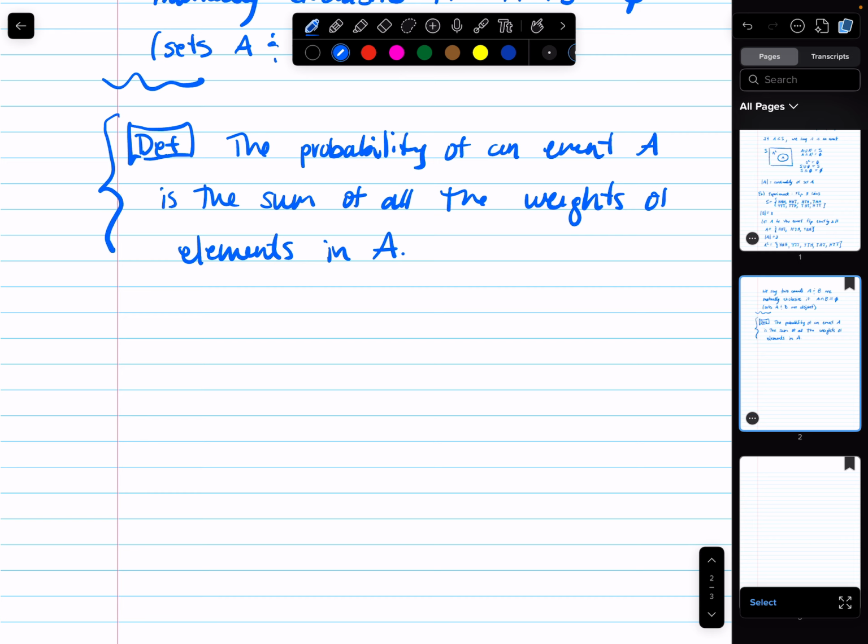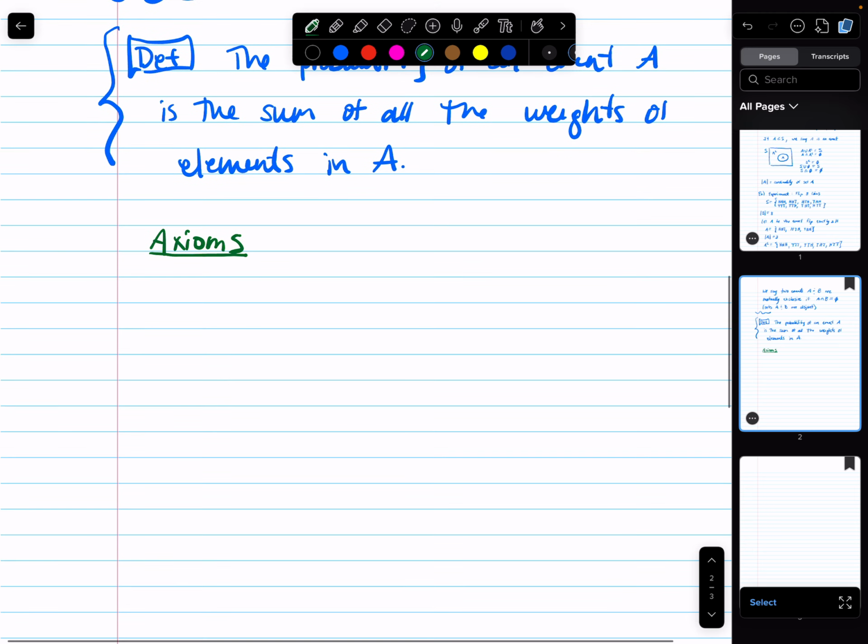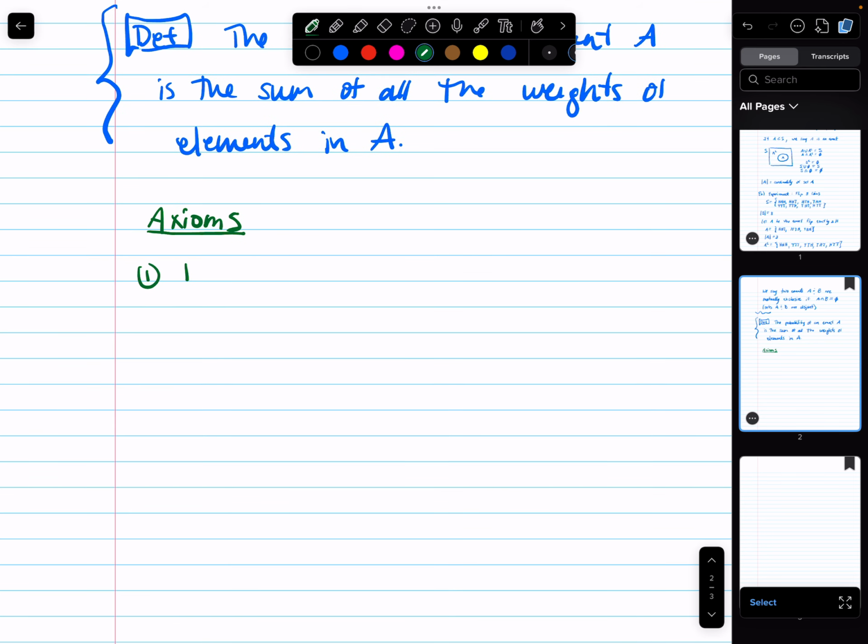We also need, so that we can go on our journey, a set of axioms. So these axioms we accept, and from them we prove many more things. The first of which is that the probability of the sample space is equal to 1, and the probability of the empty set is equal to 0.